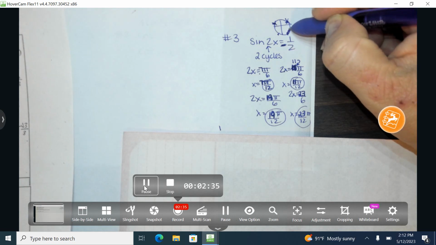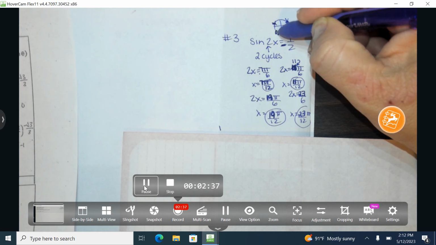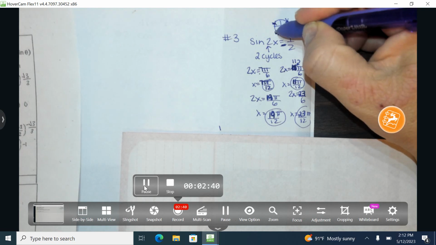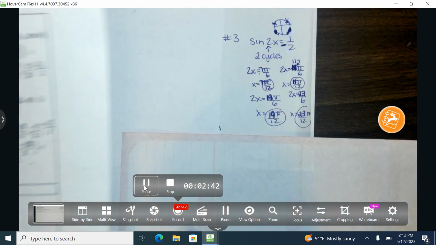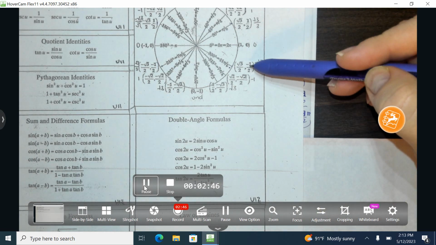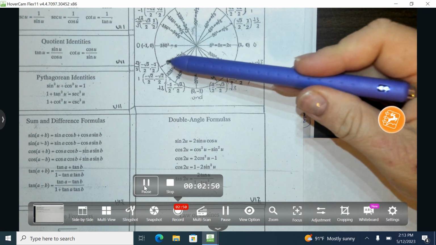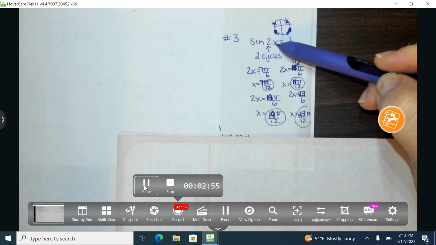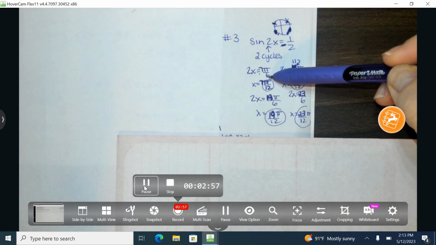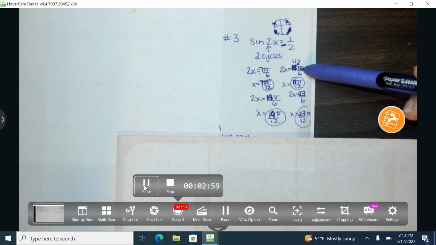So we can come back over here and see that my answers are actually over here at my 30-degree reference angles. Let's find where the sine is equivalent to negative 1/2. Again, sine is always the second number, CBS. So negative 1/2 is at 11 pi over 6 and also at 7 pi over 6. So I take the 2x and set it equal to 7 pi over 6, and set it equal to 11 pi over 6.